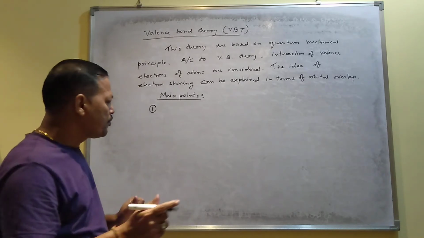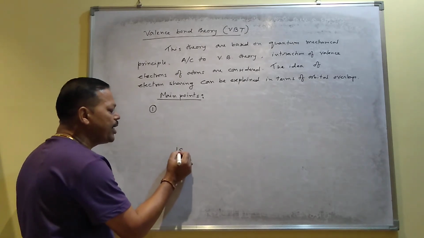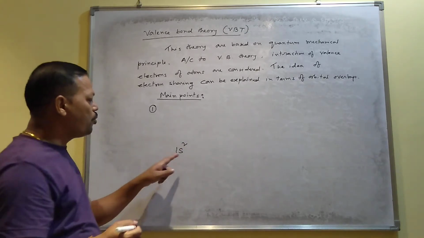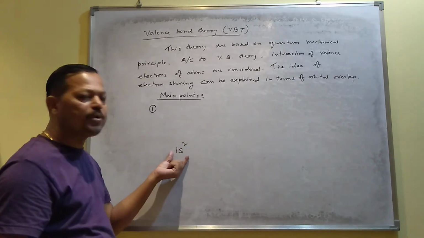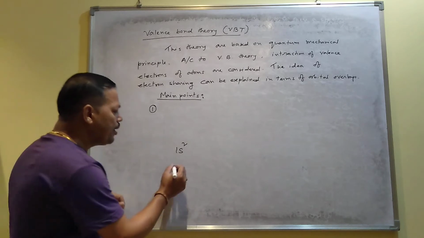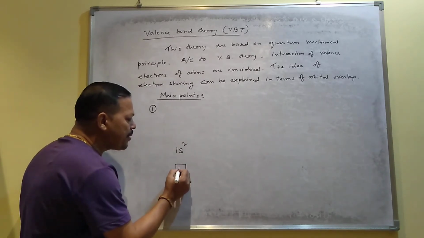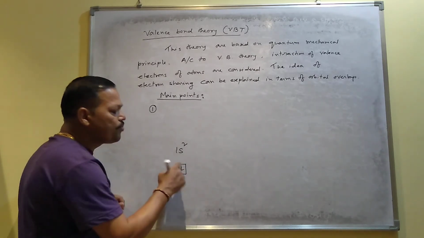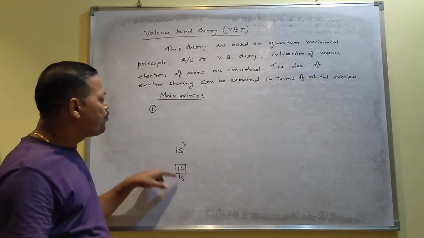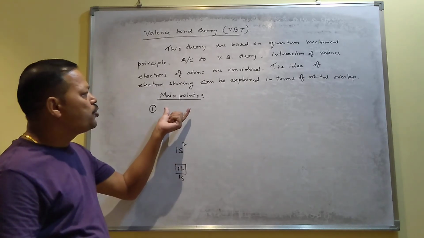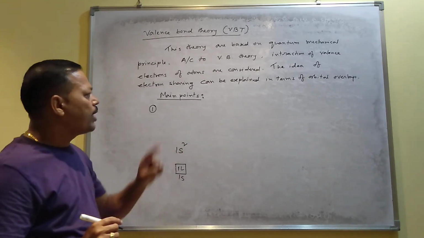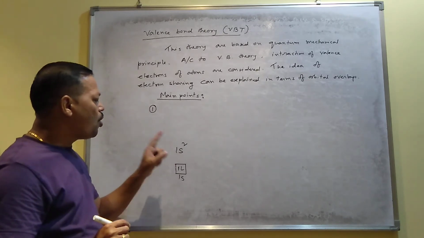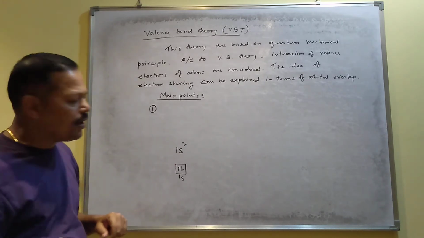I mean, suppose an orbital contains 2 electrons, 1s2. As you know, when s contains 2 electrons, the orbital is called full-filled. An orbital contains a maximum of 2 electrons. This type of full-filled orbital does not involve in overlap. According to valence bond theory, only half-filled orbitals take part in overlap.